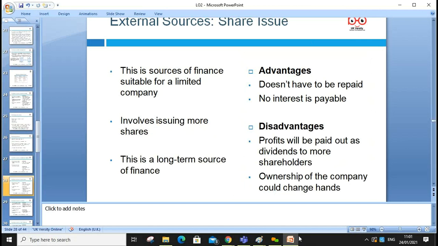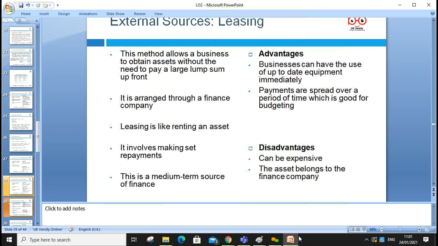Next, external share issue: this is a source of finance suitable for a limited company, involving issuing more shares. It is a long-term source of finance. Then sources of leasing, we need to look around at the lease. A lease is long term and a cheaper source as well, but it can be a disadvantage, as business can use a lease but it can be expensive too.